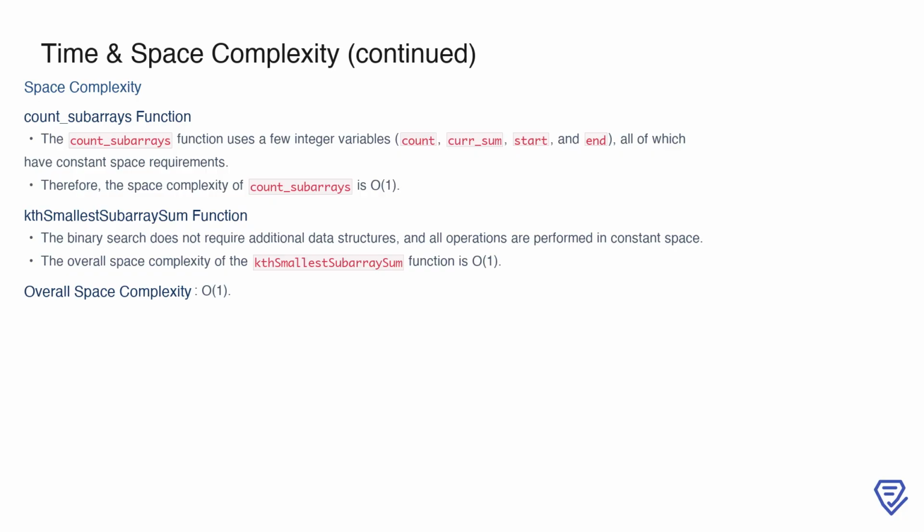All computations are done in place, and no extra memory is allocated based on the size of the input. As a result, the space complexity of both count_subarrays and kth smallest subarray sum is O(1). Combining these, the overall space complexity of the solution remains O(1), making it very memory efficient.